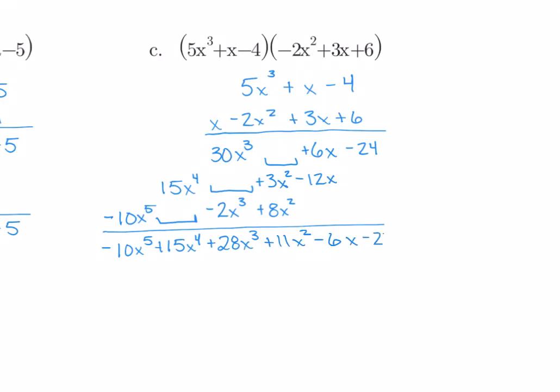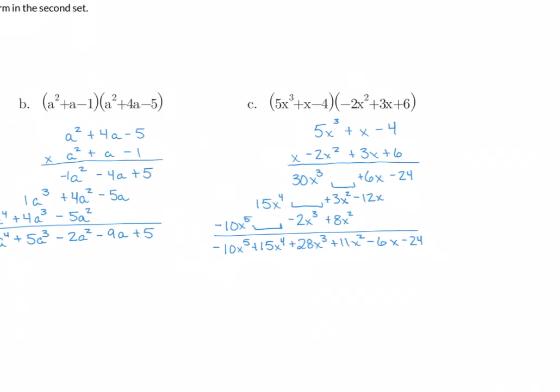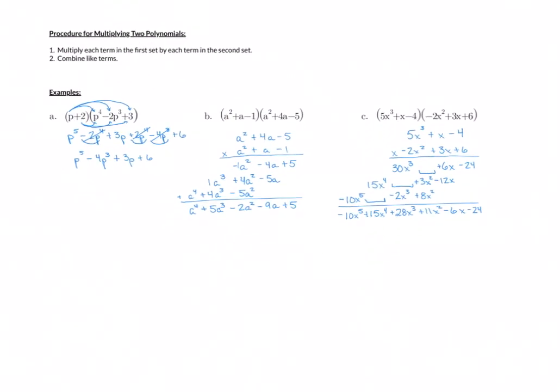And then we have our constant term, minus 24. Okay, so that takes care of multiplying polynomials.